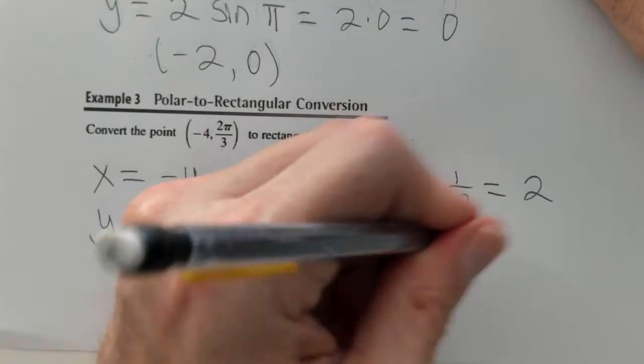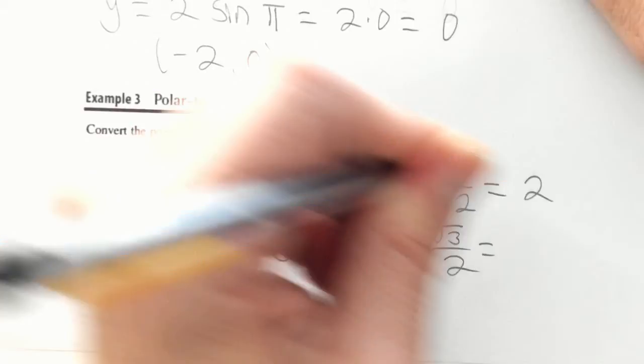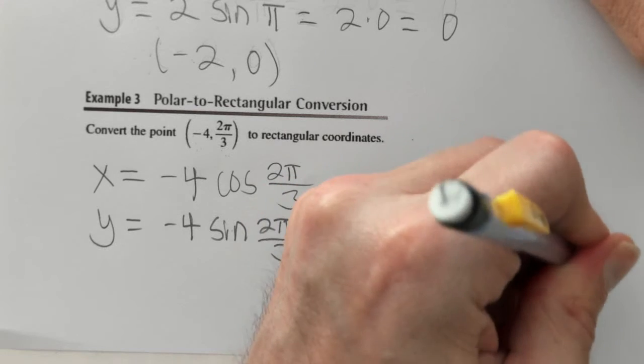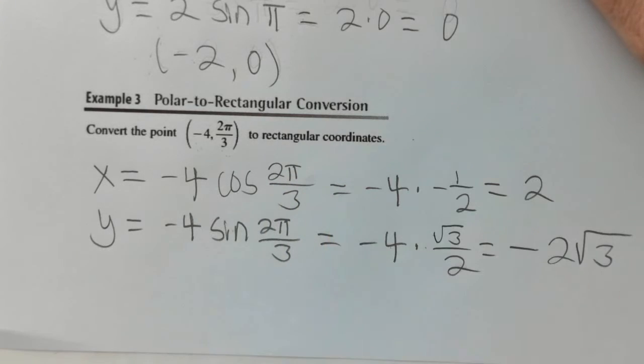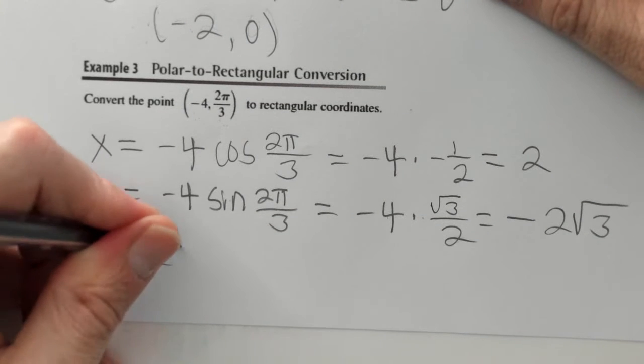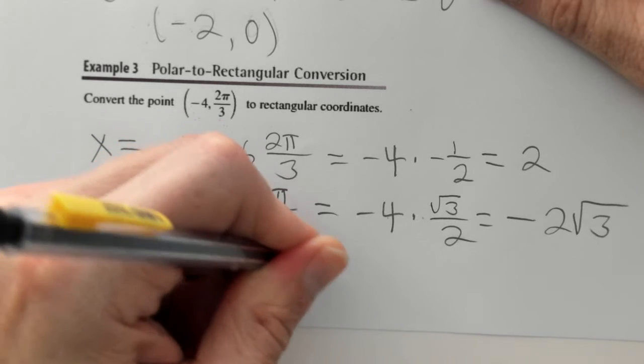And so that's going to be times square root of 3 over 2. So that'll leave me with a negative result. That 4 will divide by 2 and make 2, so that's -2 square roots of 3. So I have my rectangular coordinates now. It's going to be 2, -2 square roots of 3.